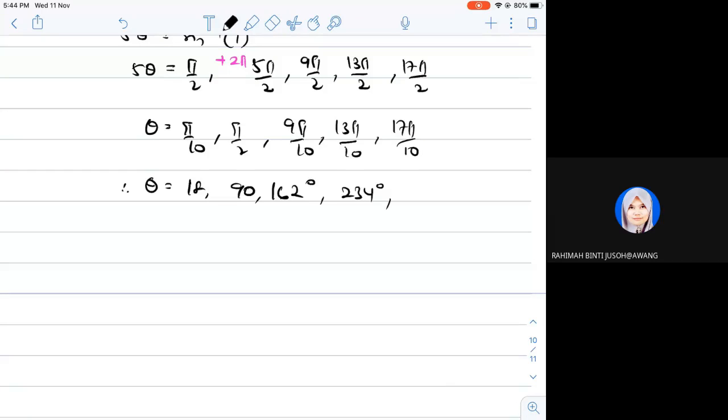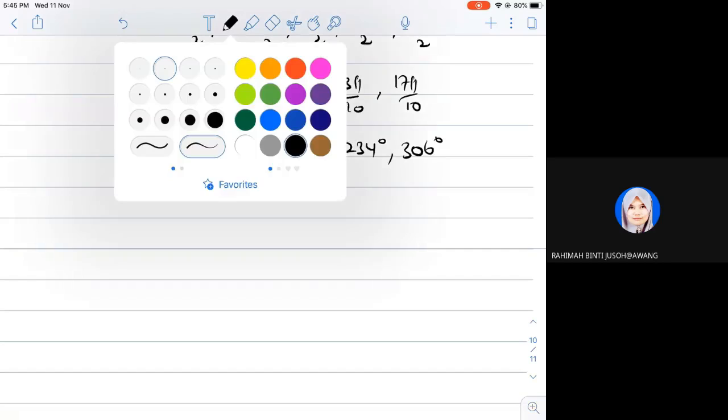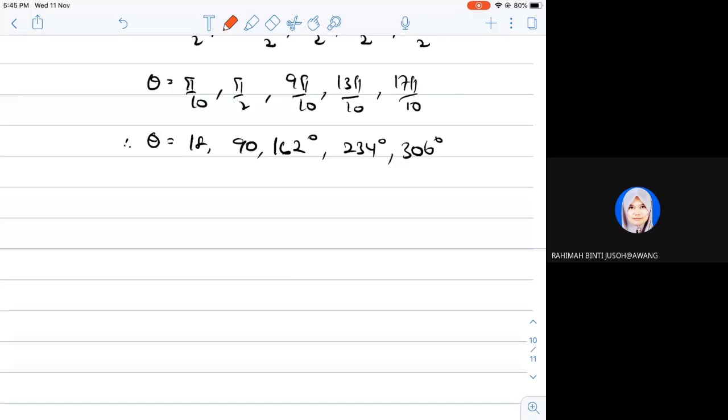And then 17 times 180 divided by 10, you get 306 degrees.